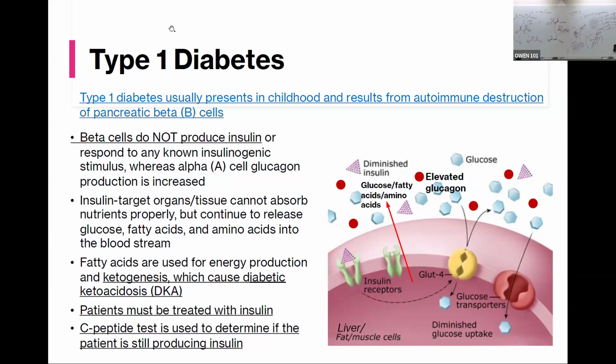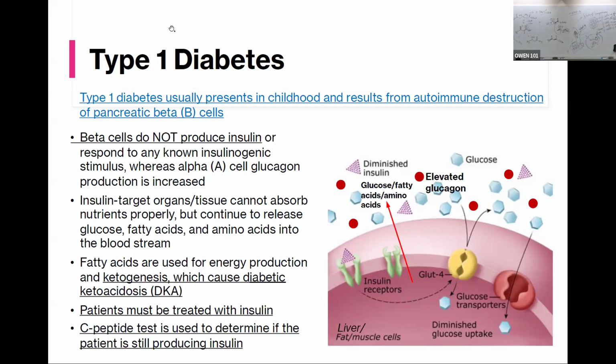What else is important here? When beta cells cannot produce insulin, alpha cells keep producing glucagon. So you can imagine, the patient really cannot process the sugar, but at the same time the body keeps producing sugar. That makes it difficult for the patient.